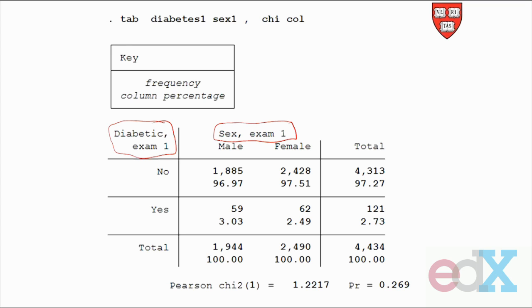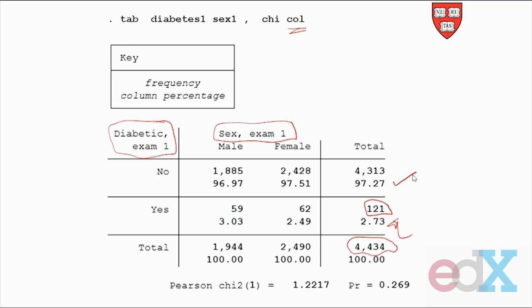What we got is that there were 4,434, our old friend, individuals, of whom 121, or 2.73%, remember, had diabetes, because I asked for the column totals. That means 97.27% did not.